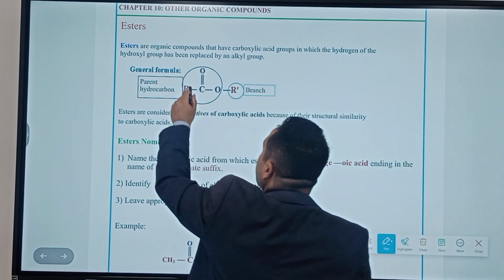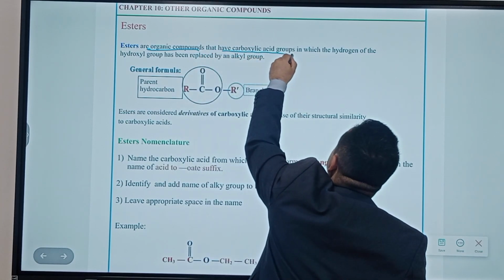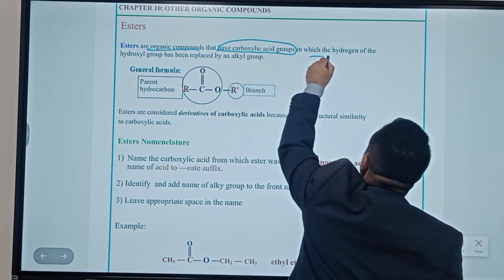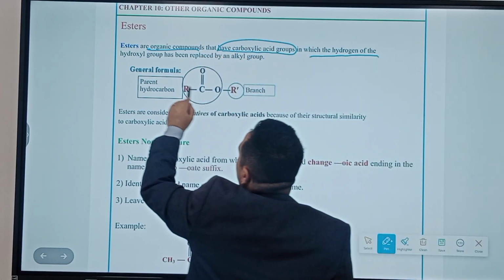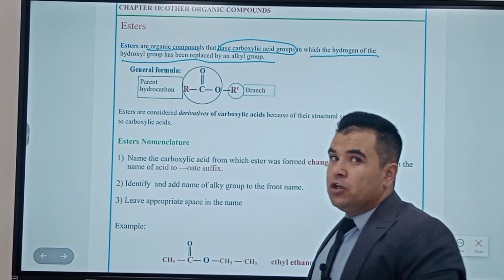Esters, guys, are organic compounds that have carboxylic acid groups in which the hydrogen of the hydroxyl group has been replaced by an alkyl group.